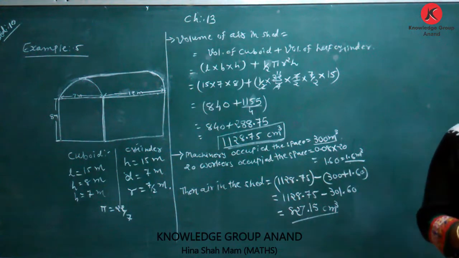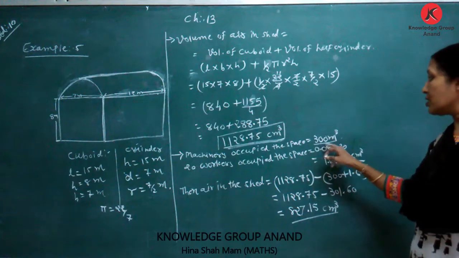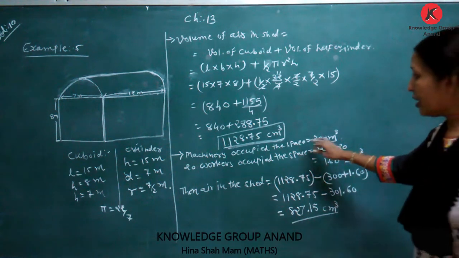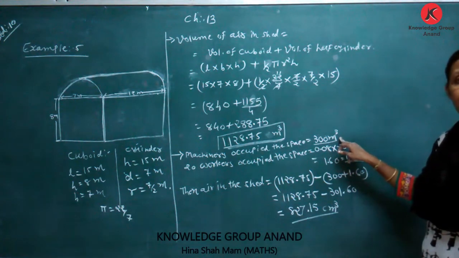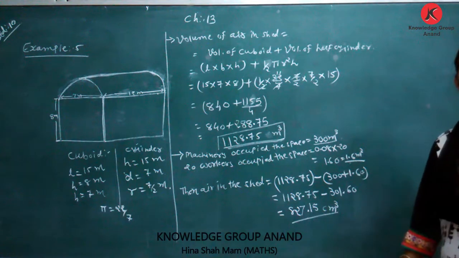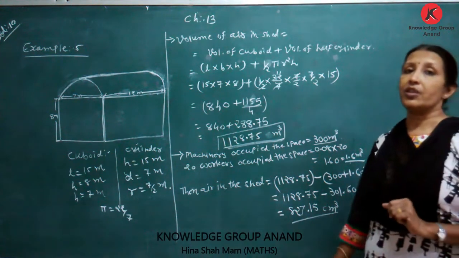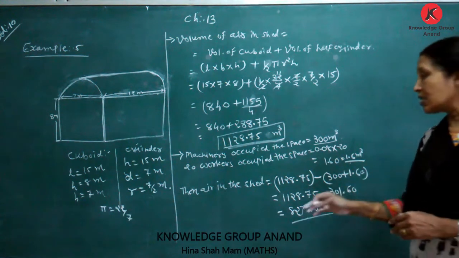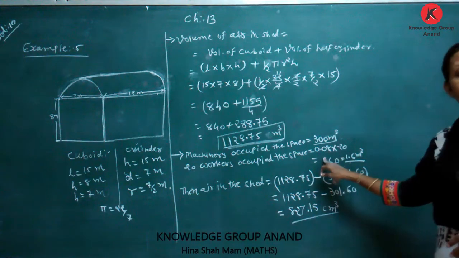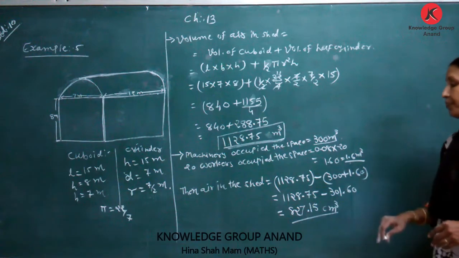Further, if the machinery occupies 300 meter cube space and one worker occupies 0.08 meter cube, and there are 20 workers, then the space occupied by 20 workers is equal to 20 multiplied by 0.08, which is 1.60 meter cube.